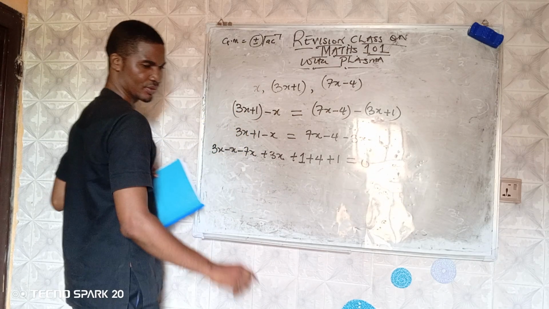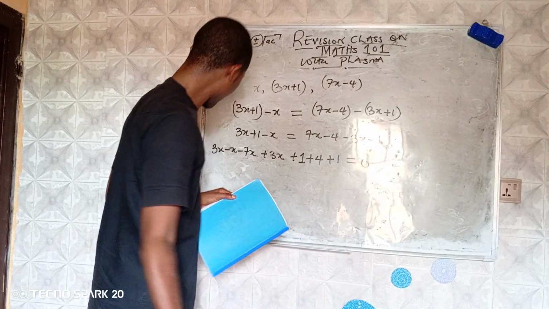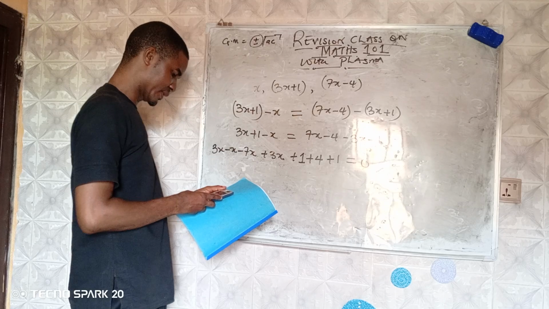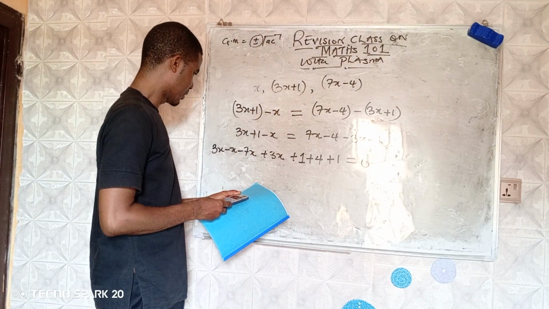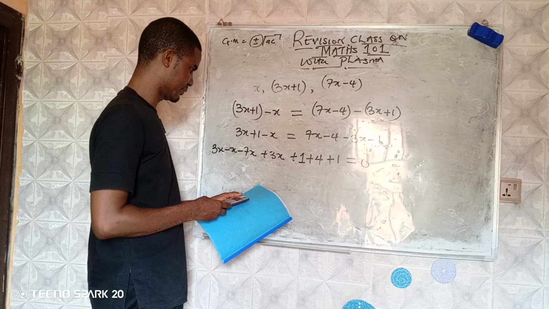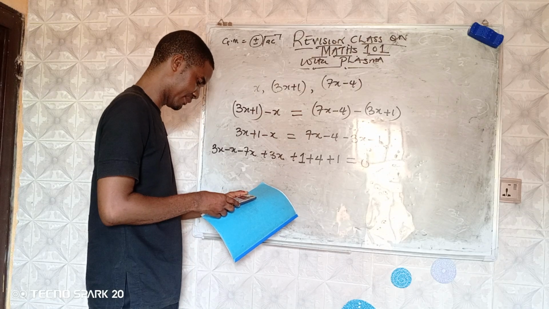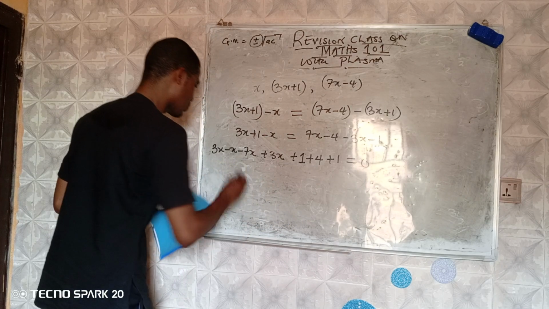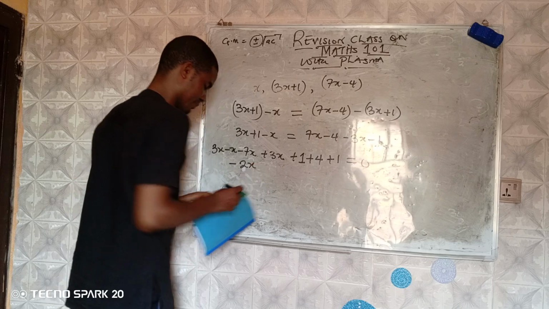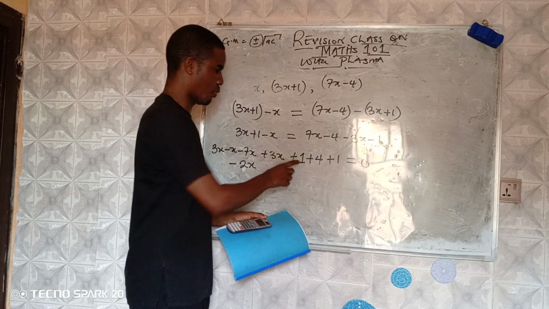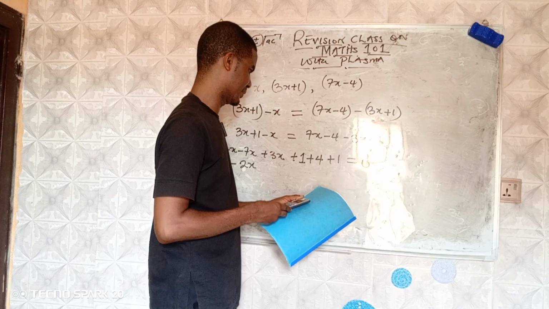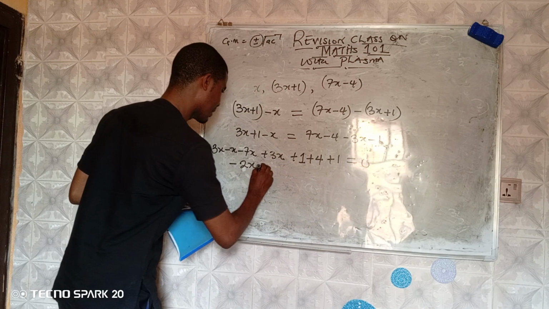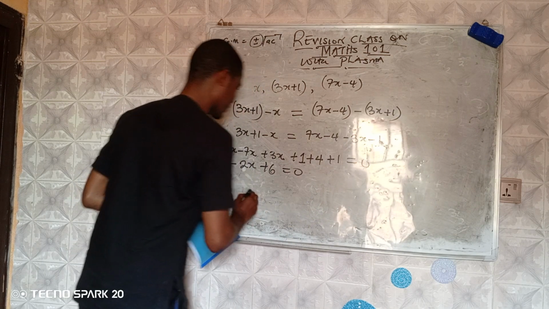3x plus 1 minus x minus 7x plus 4 plus 3x plus 1, all equals to 0. So 3x, that means I'm going to be having here 3 minus 1, minus 7 plus 3 will give me minus 2x, then 1 plus 4 plus 1 will give me 6, equals to 0.